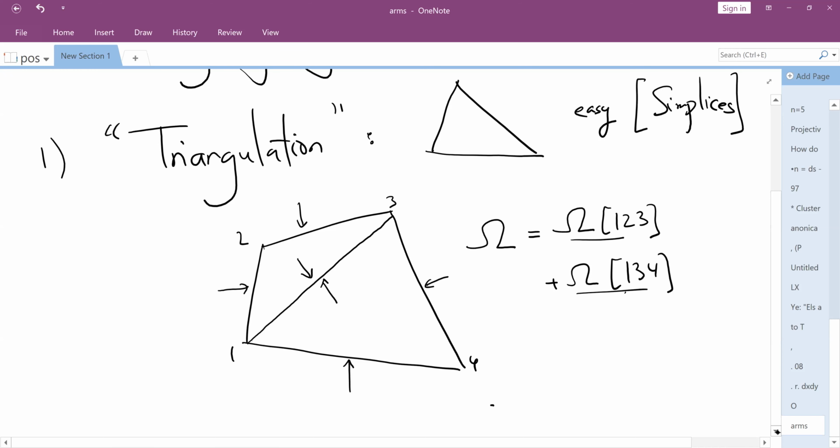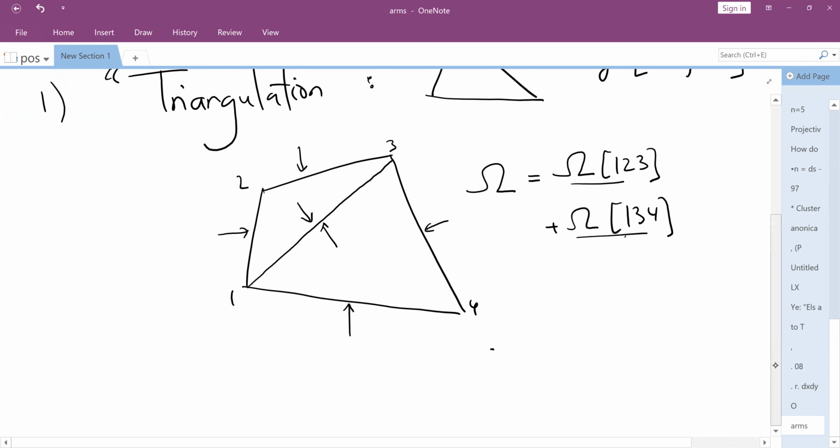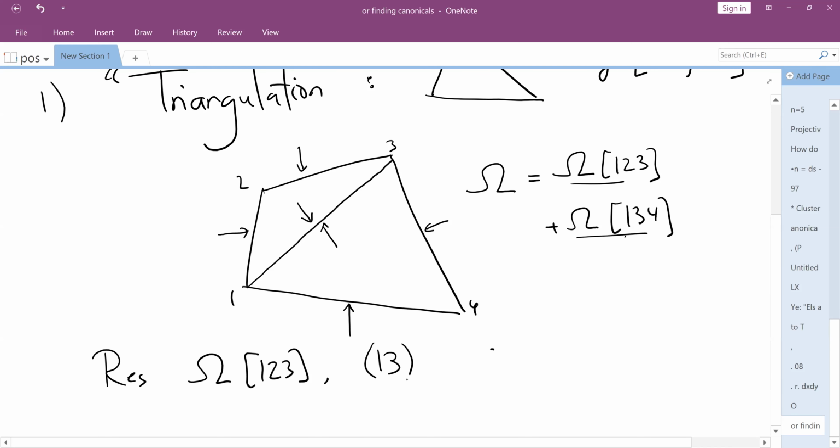Now, here's the key point. The key point is that when I take a residue of, let's say, omega 1, 2, 3 on the line 1, 3, so in other words, if I take a residue of this form when 1, 3 goes to 0, when it gets there, that residue completely forgets about where it came from.